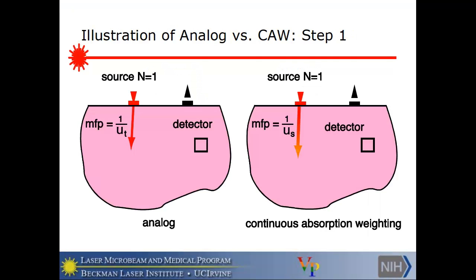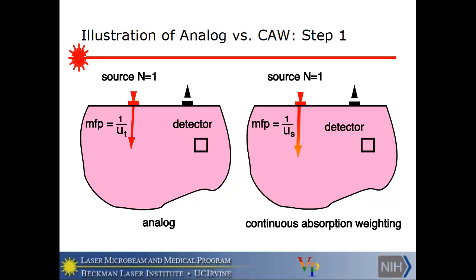So I just want to show you pictorially the difference between analog and CAW, continuous absorption weighting. Here we have 2 problems. In this one, we're generating analog random walks. In this one, we're generating random walks according to the continuous absorption weighting formula.